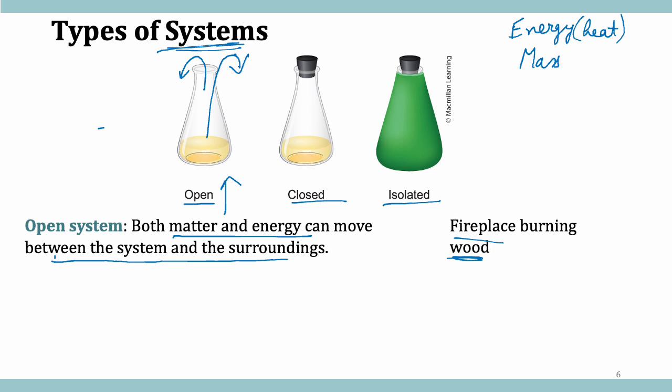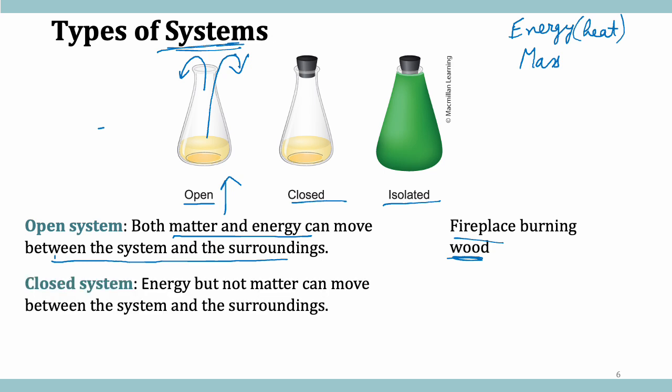You can see ashes and other byproducts that come out of burning of wood, all of those are mixed with the surroundings as well. So both mass and energy can be exchanged. A closed system is the one where only energy but not matter can move between the system and surroundings.